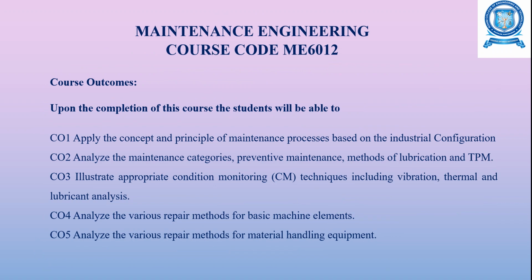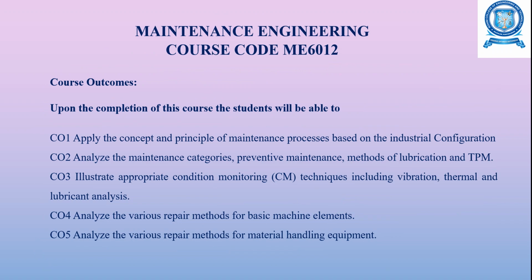And the course outcomes for the students: upon the completion of this course, maintenance engineering, the students will be able to apply the concept and principles of maintenance processes based on the industrial configuration on completing Unit 1, and the students will be able to analyze the maintenance categories, preventive maintenance, methods of lubrications and TPM on completion of Unit 2, and on completion of Unit 3, the students will be able to illustrate appropriate condition monitoring techniques, including vibration, thermal and lubricants analysis.